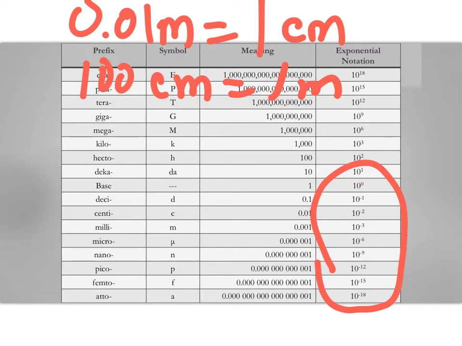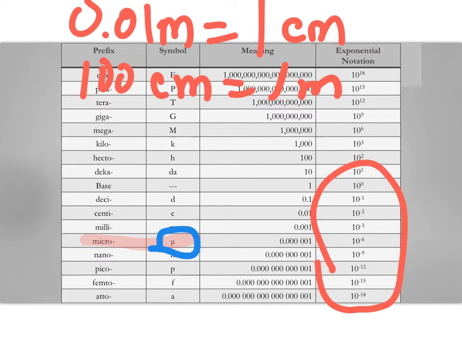Century is 100. You have cents in money. It was 100 cents in a dollar, so centi should give that away. Now the confusing thing is that when we have milli, it has nothing to do with a million. It has everything to do with 1,000. So that's kind of strange to me why it is 1/1,000th of the base unit, not 1/1,000,000th, where the 1/1,000,000th is actually micro, and the symbol for that is that Greek letter mu.